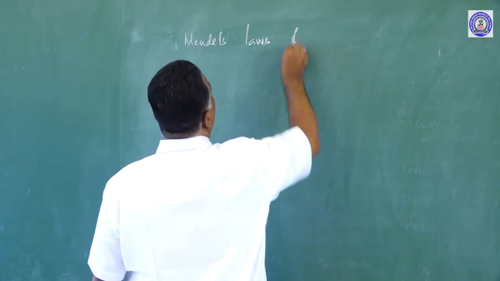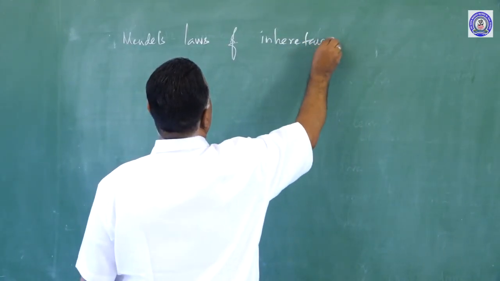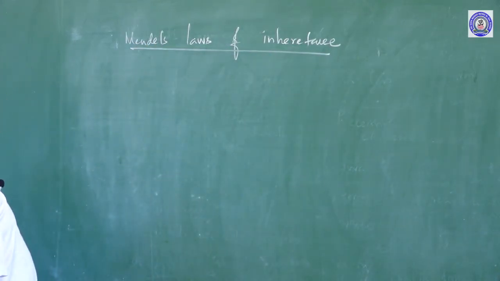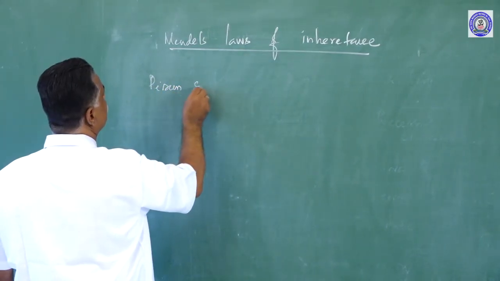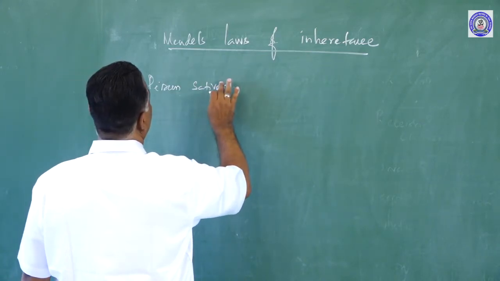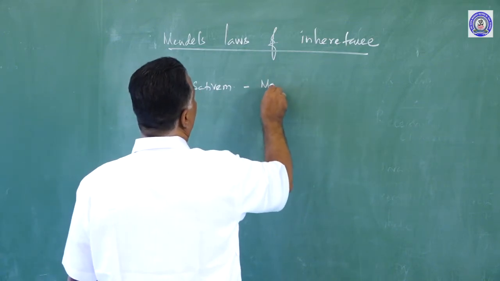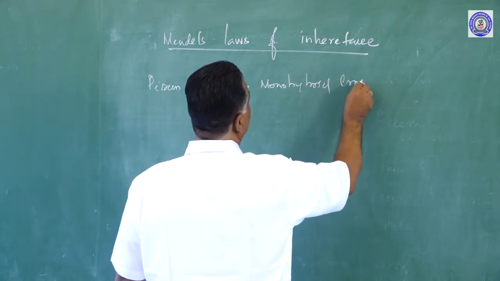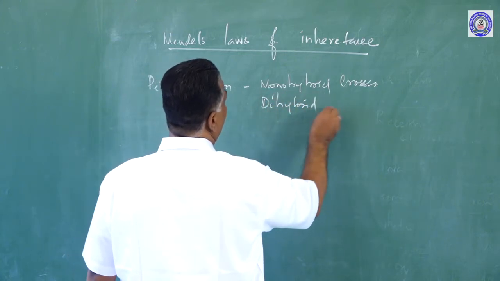Mendel's laws of inheritance. So, Mendel in Pisum sativum plant made monohybrid crosses and dihybrid crosses.